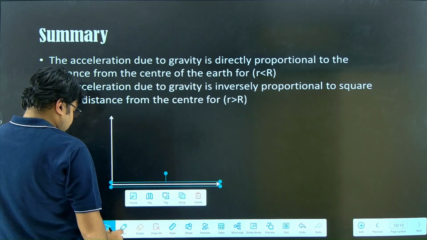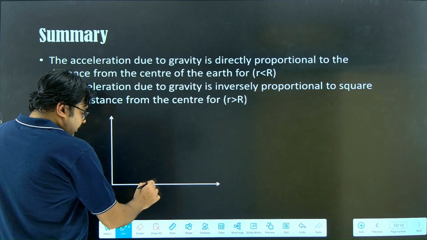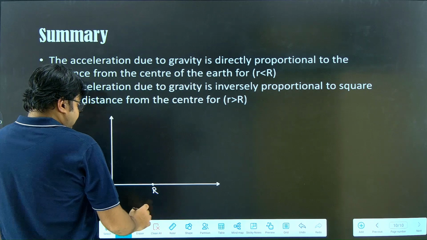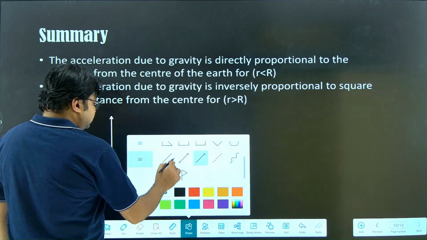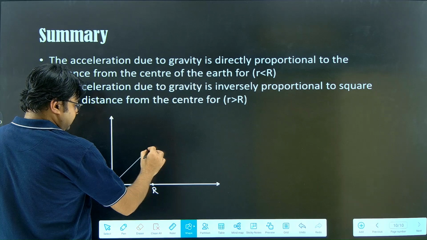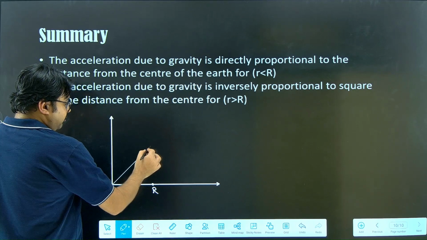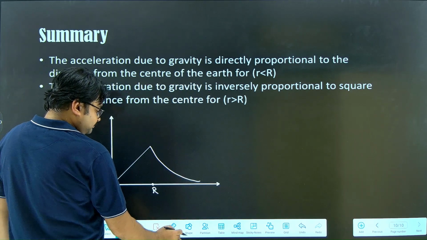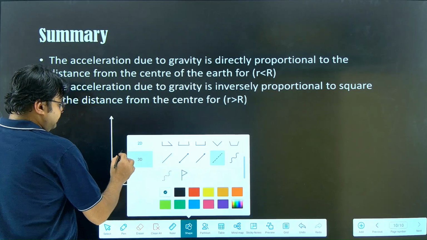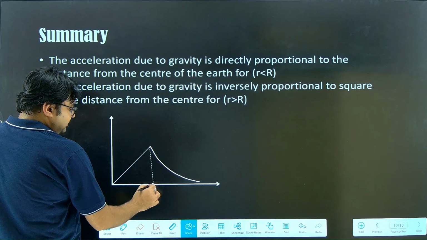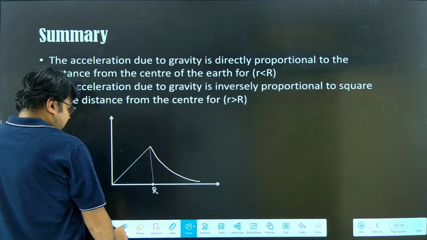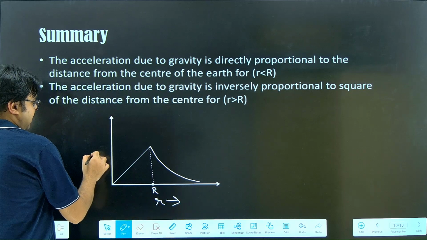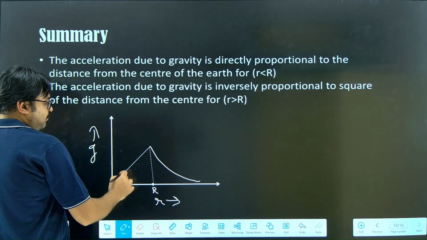All right, up to the radius of the earth, the physical radius of the earth, the acceleration due to gravity would simply linearly increase, but after that it would fall off as 1 by r square. So until the radius of the earth is reached, you can say that the distance from the center is r and acceleration due to gravity is g.